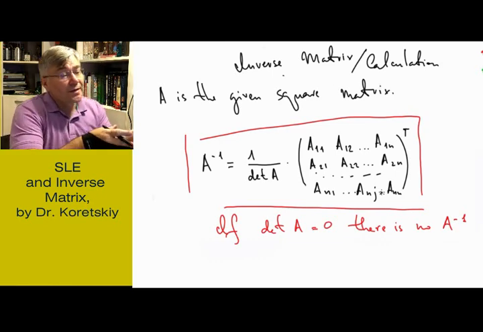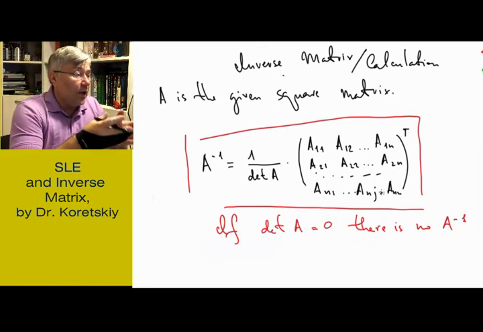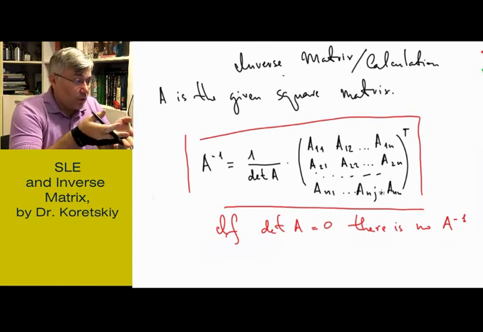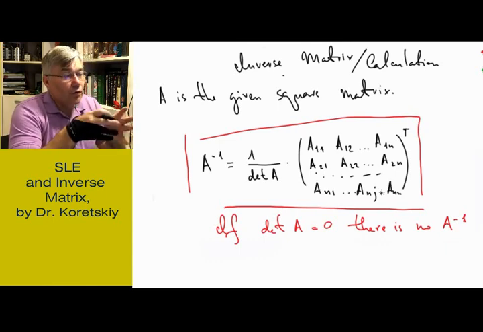So here we have the same kind of condition. If it is impossible to calculate inverse matrix to the matrix of the coefficients, we can say that there is no roots and there is no inverse matrix here.